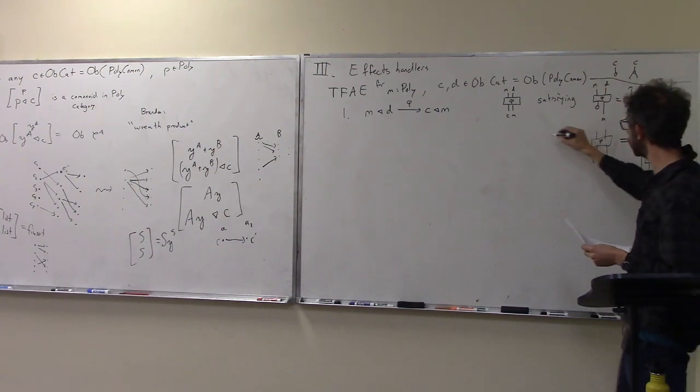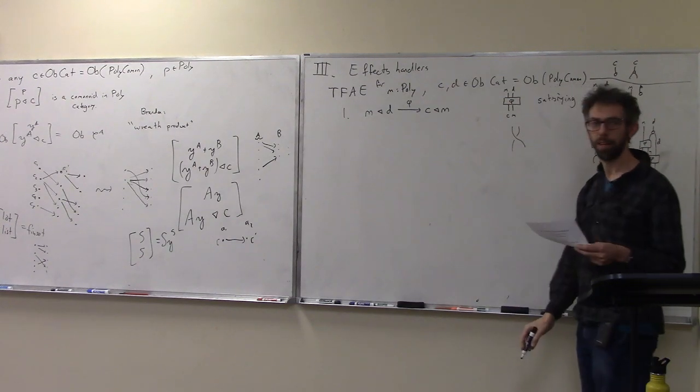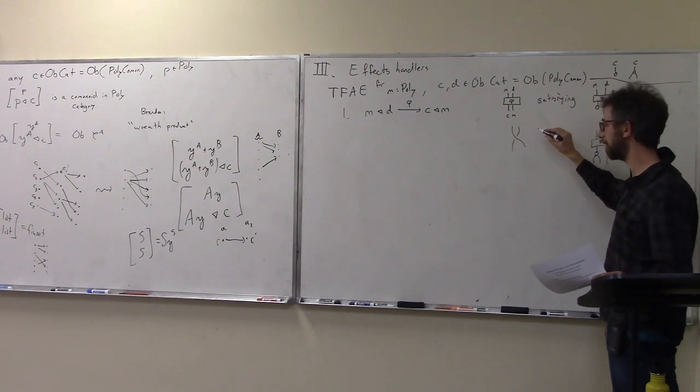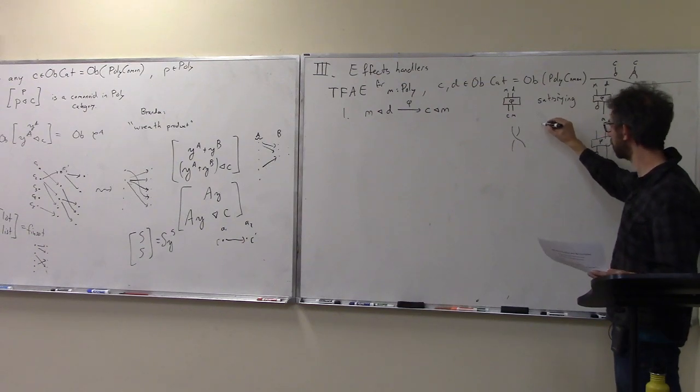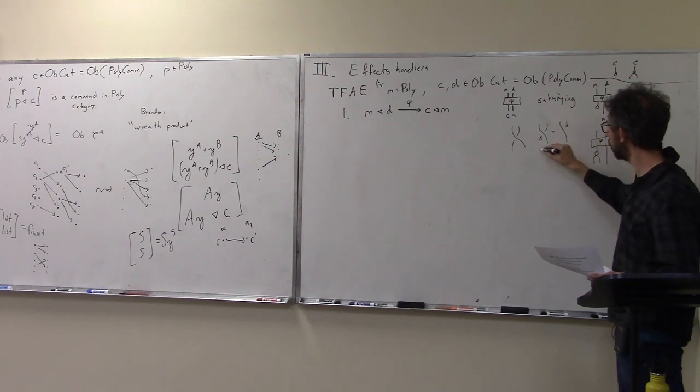You could write this, sometimes I might want to write it like that. This is not a distributive law, which I often also write that way, but one of these would say this, and the other would say this.